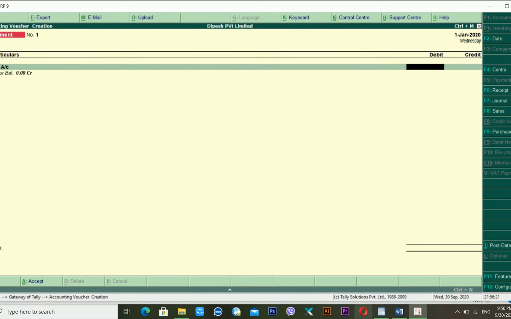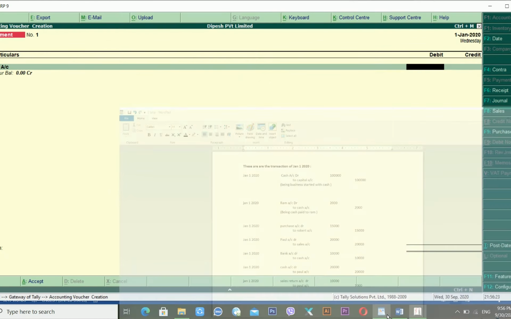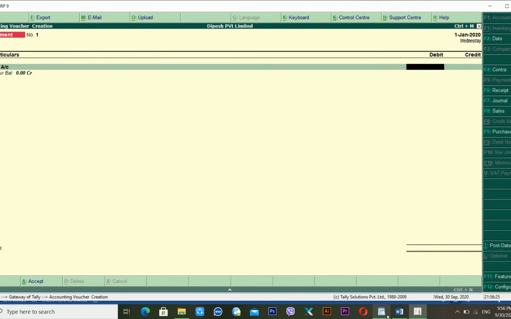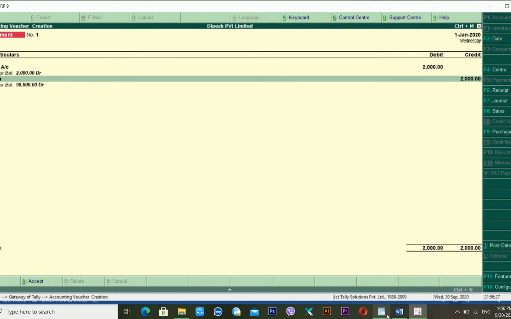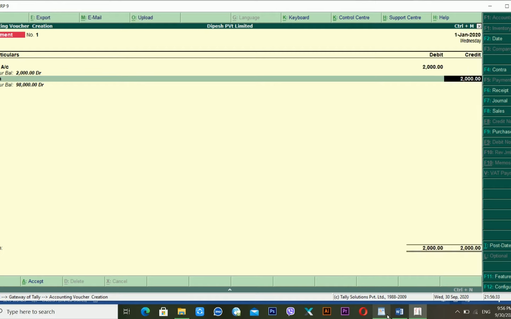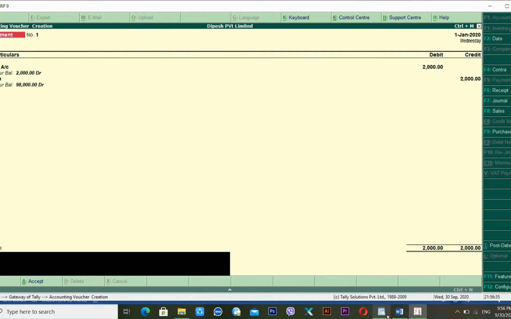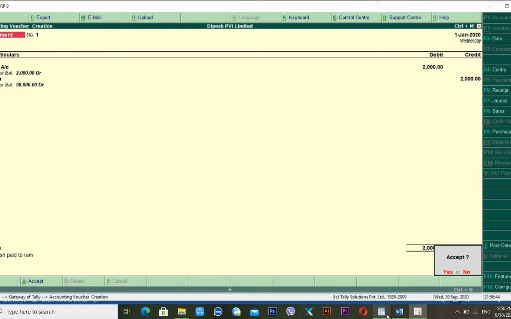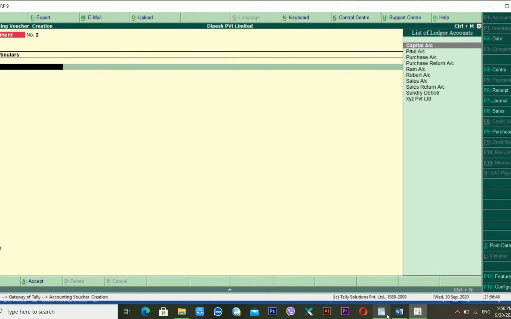Maybe 2000. Yeah, 2000. And in the CR, we are paying money, so the cash will also be 2000. And for the narration, cash paid to Ram. Okay, and save it.